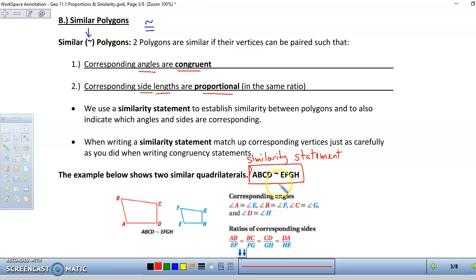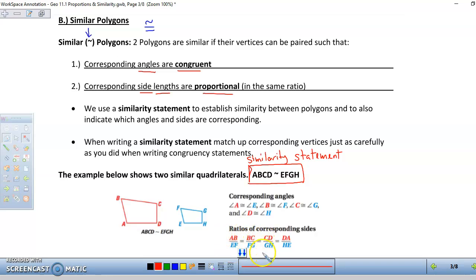And the statement actually acts just like a congruent statement in that the first letter in this name corresponds with the first letter in that name. So we can set up our corresponding angles as congruent. So angle A is congruent to angle E, angle B is congruent to angle F, and so on.